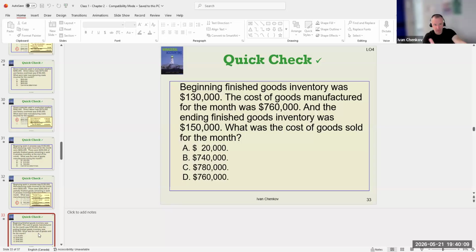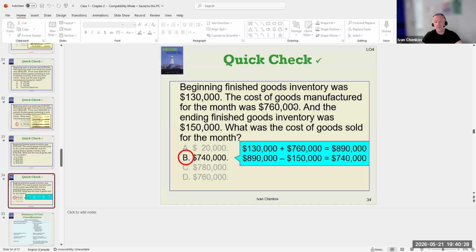Everybody agreed that this is not good for the company. Why? Because we didn't open the company to produce products. We opened the company to sell the products. So if we cannot sell what we produce, that's not a good thing. Make sense?